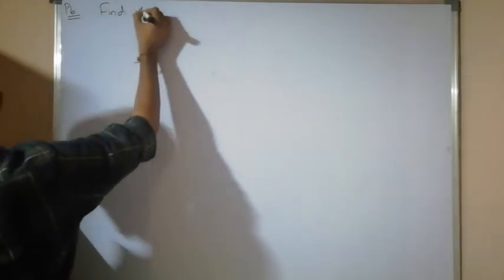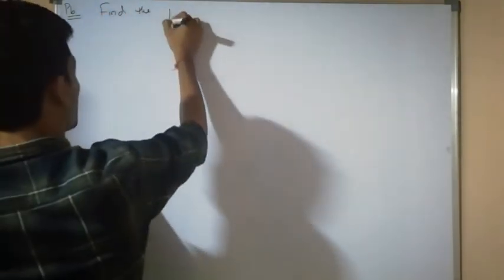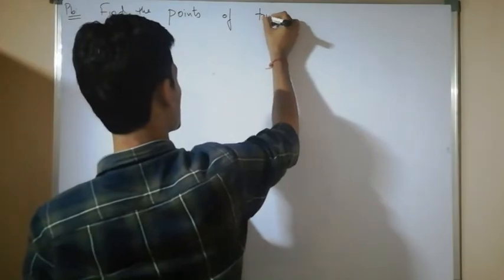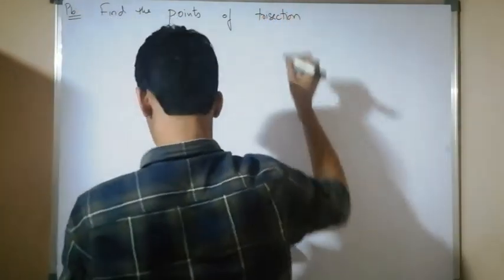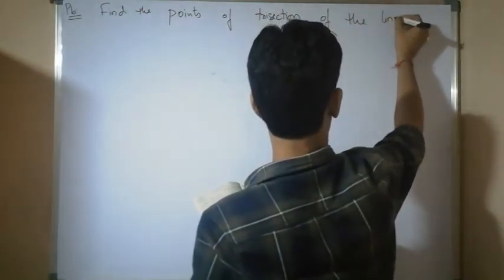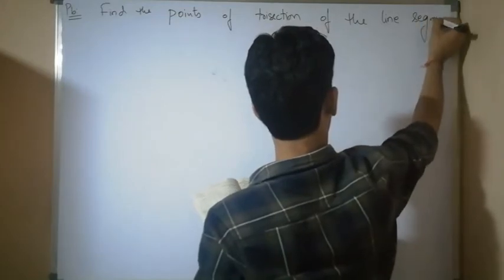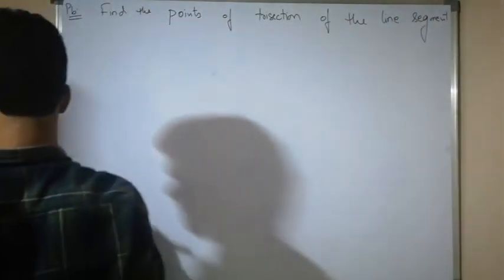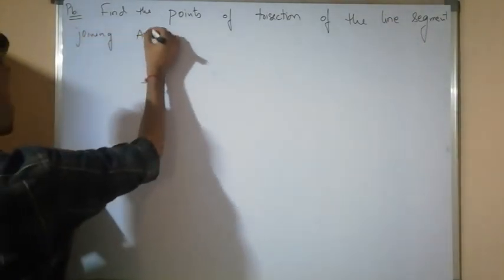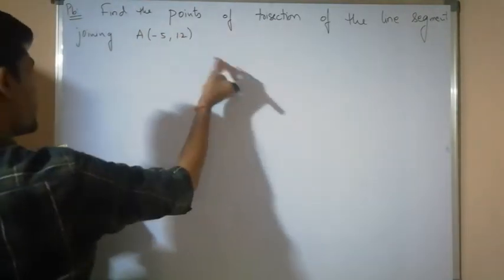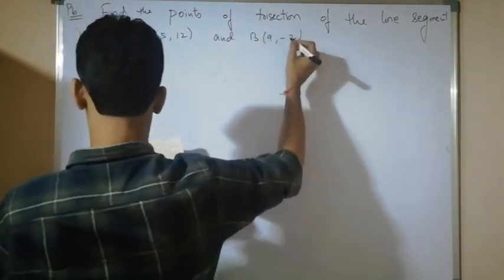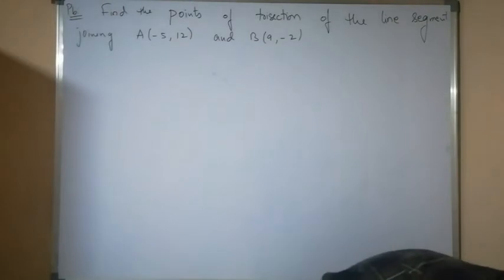Find the points of trisection of the line segment joining A(-5, 12) and B(9, -2).